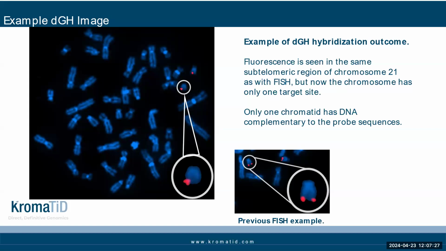It uses the same chromosome 21 subtelomere probe as before, which can be seen in the bottom right image. To summarize, a DGH hybridization requires both the sample and the probe set to be single-stranded. Sample DNA must lack daughter strands, and probe molecules must target only one of the parent strands, not both.